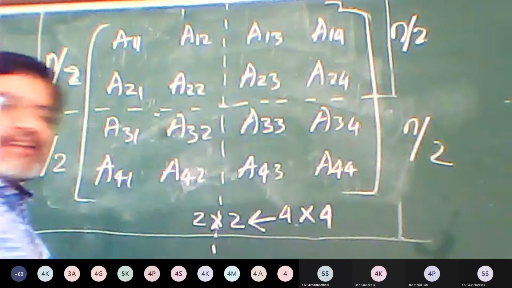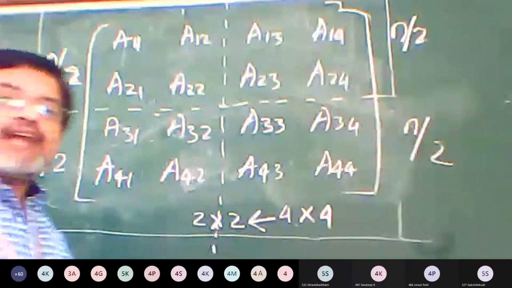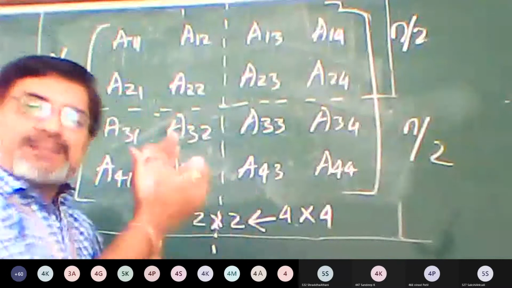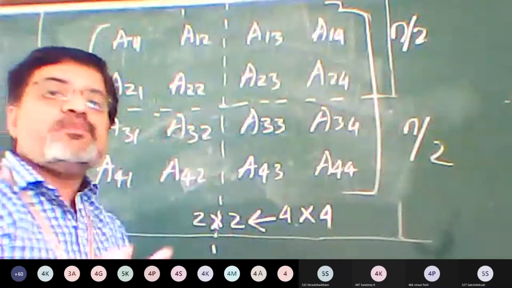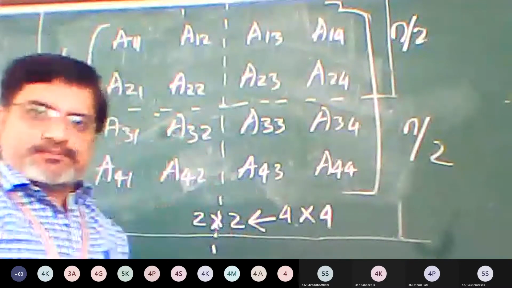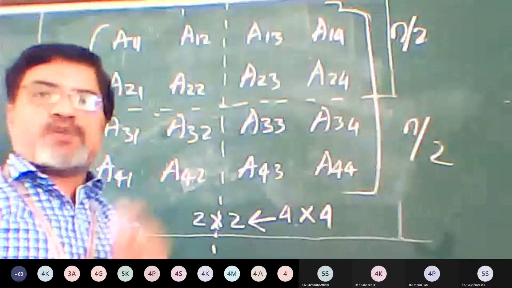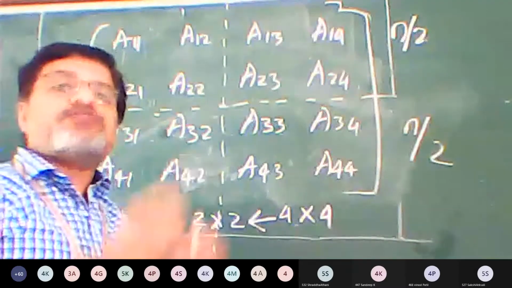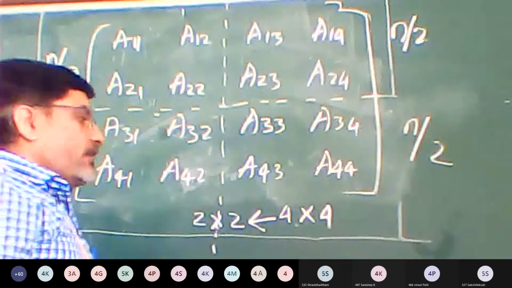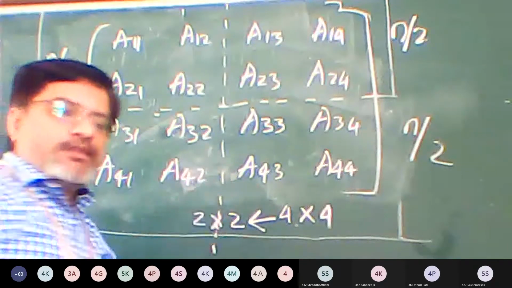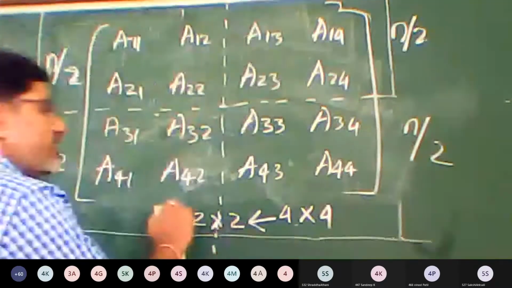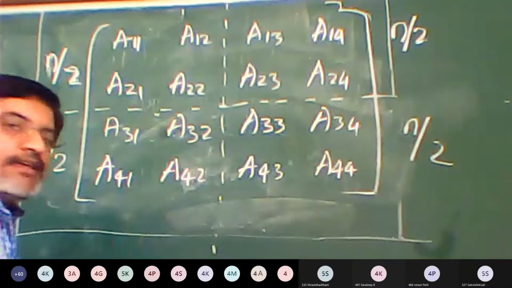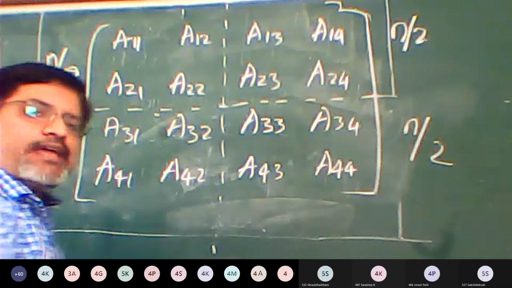Keep on dividing the matrices until we reach a sub-problem which we can call a small problem. We know the meaning of small problem: we know the solution to it. The small problem case is when the matrix contains only one element.